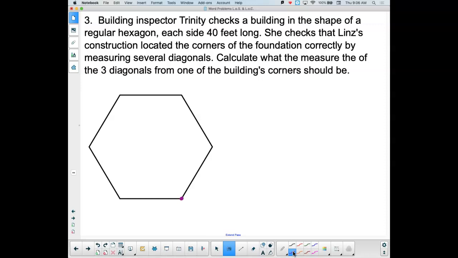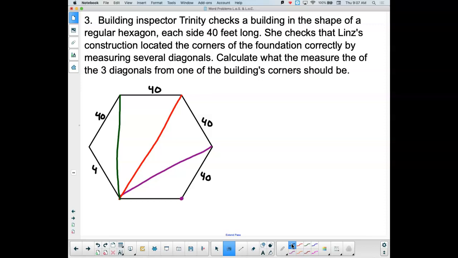So then I've got this diagonal right there, I've got this diagonal right there, and I've got this diagonal right there. Agree? Okay. So I know that each side is 40. What else do I know?